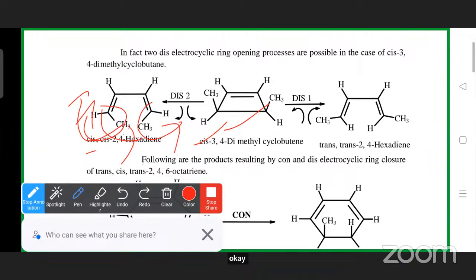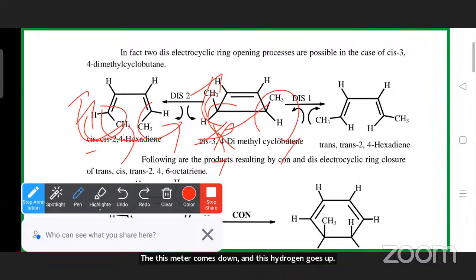Or another mode of rotation: you rotate like this, where this methyl comes down and this hydrogen goes up, and here also you do like this. In both cases it is disrotation, the opposite direction rotation.